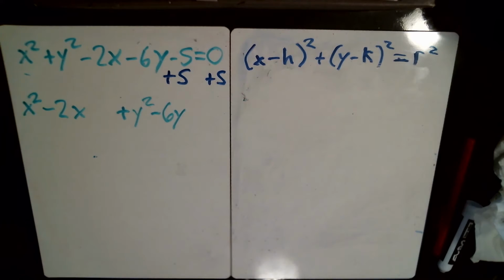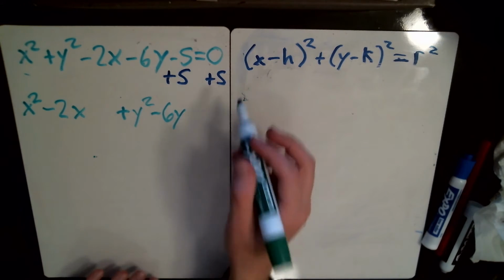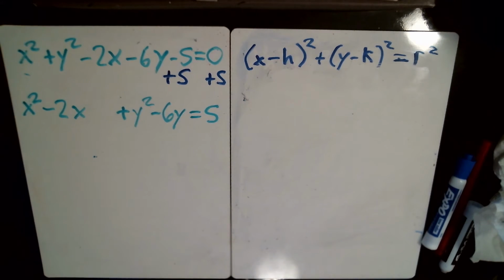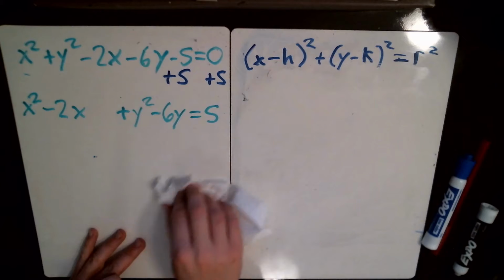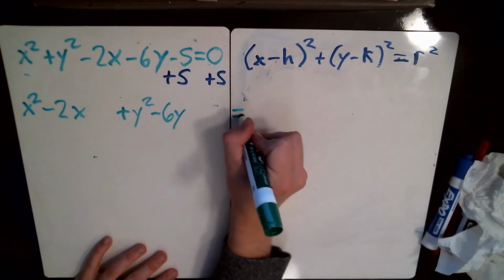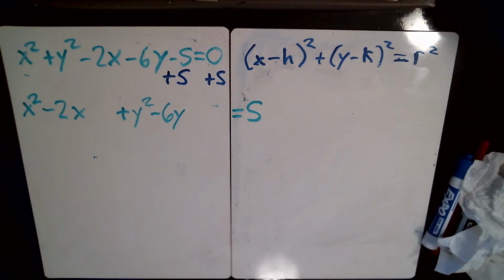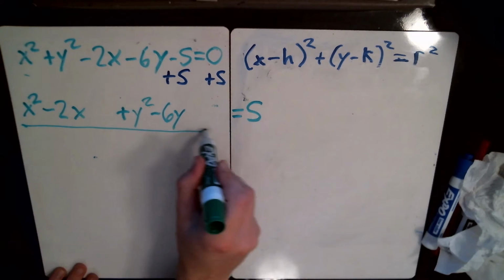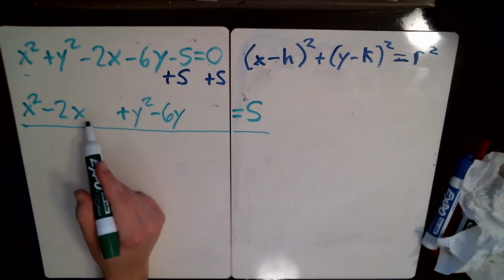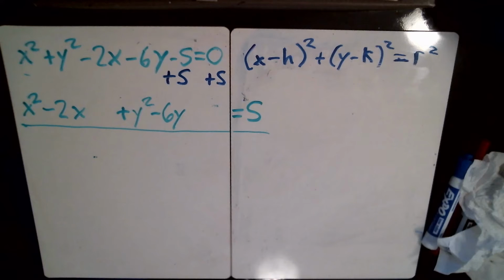So we get this is equal to 5. This is our rewritten equation right there. I've left some space here intentionally, and you'll see why in a sec.